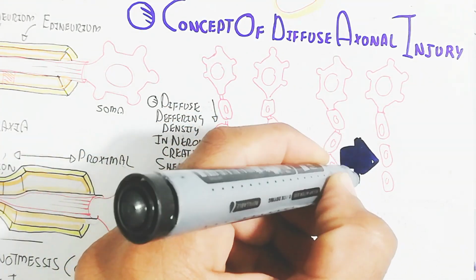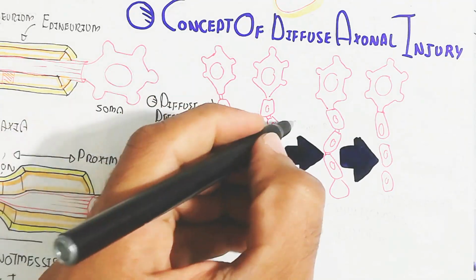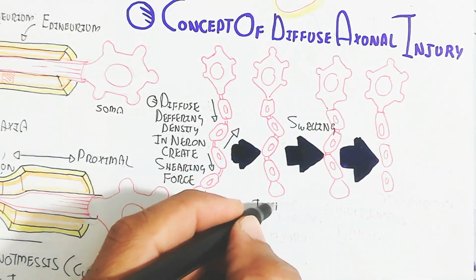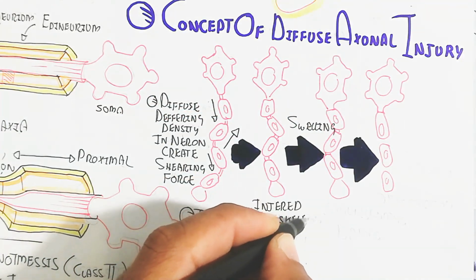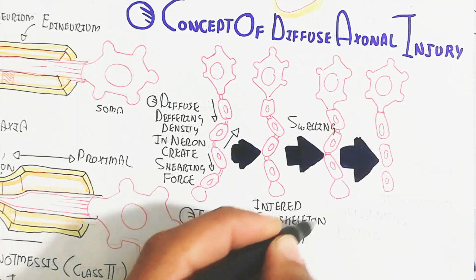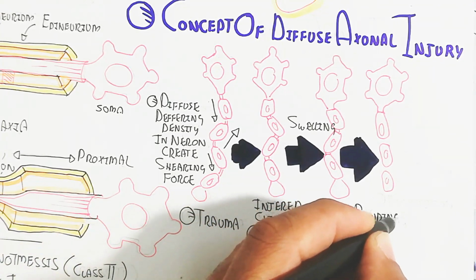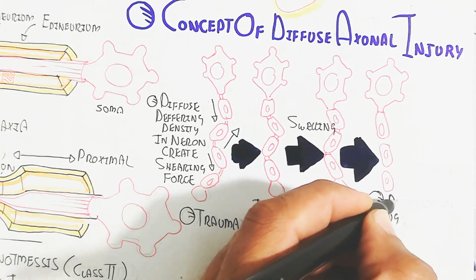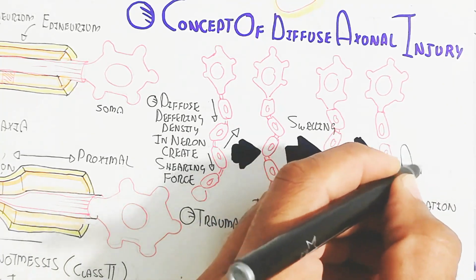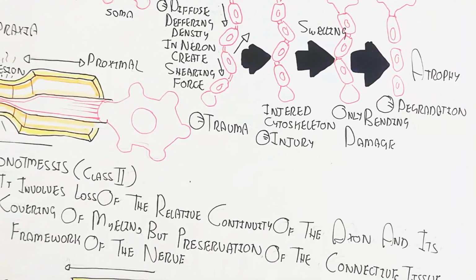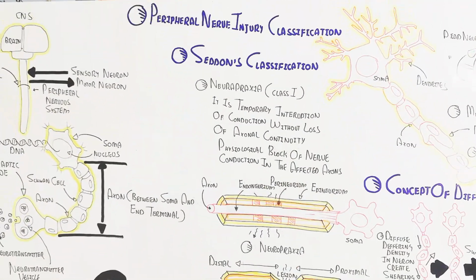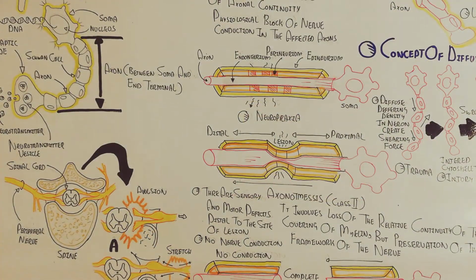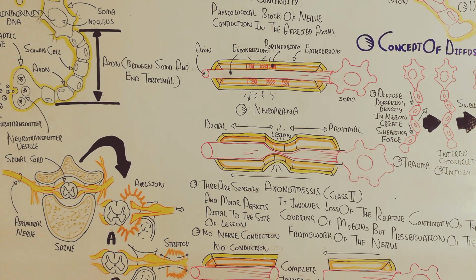After the swelling, there is bending and damage, and in this way atrophy occurs, leading to degradation of the neuron. This degradation leads to degenerative nerve disease, and the degenerative process causes many complications.